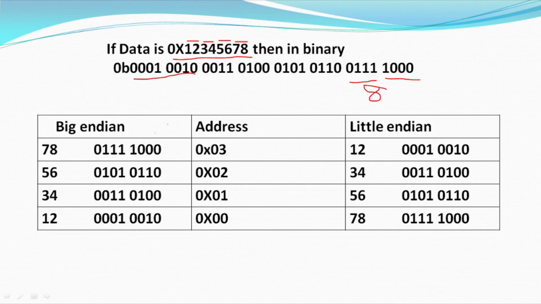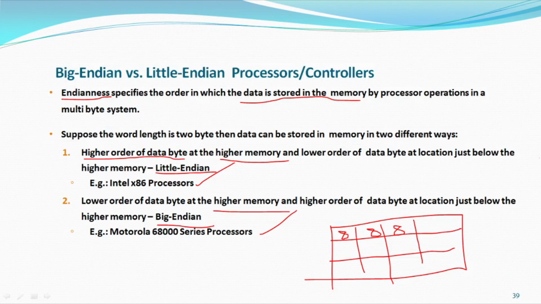Now let's come to the difference between Big Endian and Little Endian. This is nothing but the memory address. What do you mean by memory address? I told you your entire memory is split into a multi-byte system where in each location you can store 8 bits of data. Once you have stored the data, to get it back you need to assign some address.